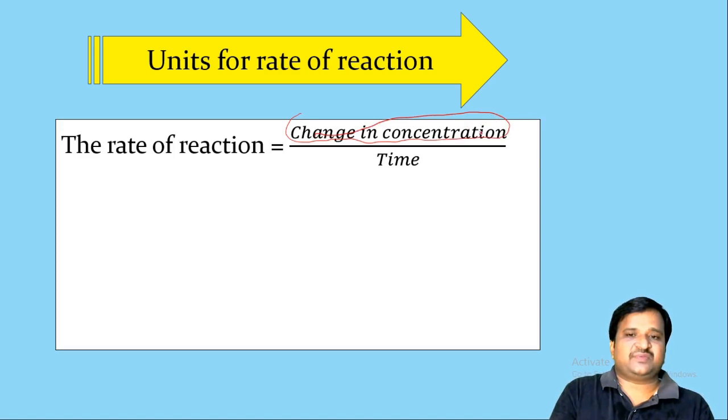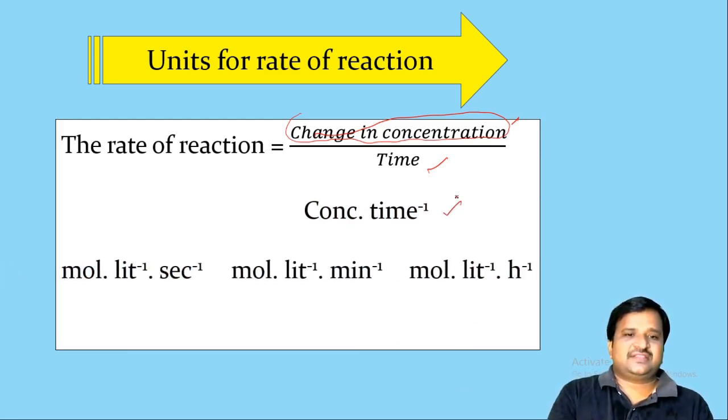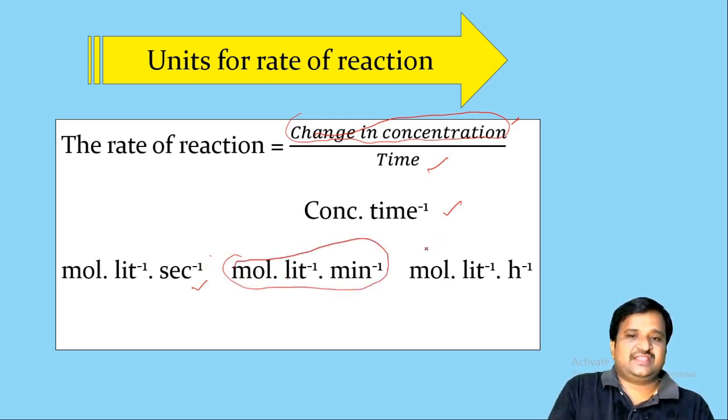The concentration is in moles per liter, and time in seconds inverse, so the unit is mol L^-1 s^-1. If the time is taken in minutes, it is mol L^-1 min^-1. If the time is taken in hours, it is mol L^-1 h^-1.